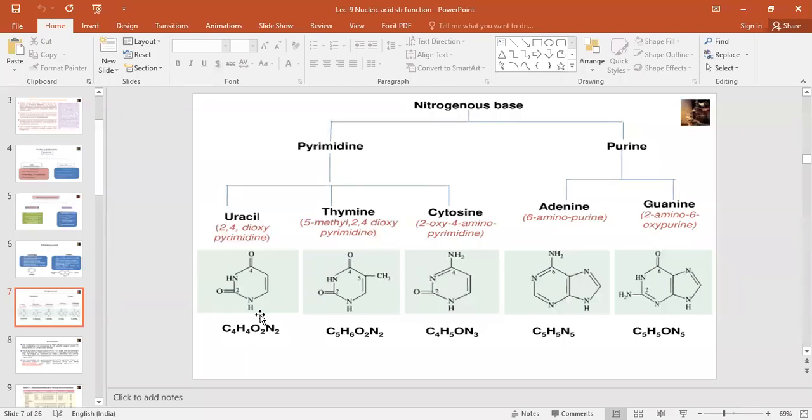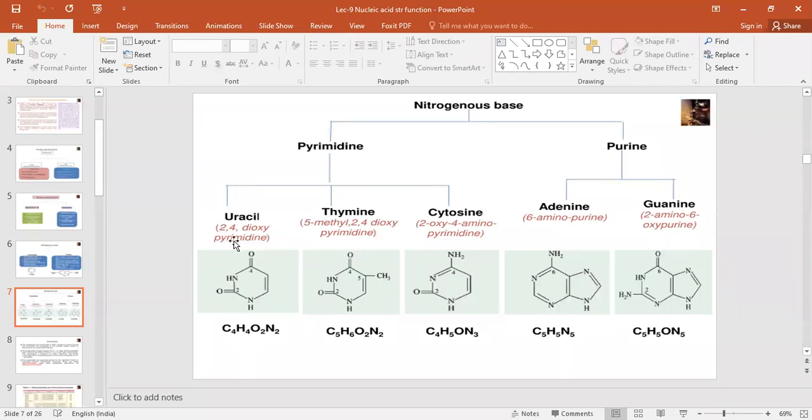Then next, the structure of uracil. What is the difference between thymine and uracil?